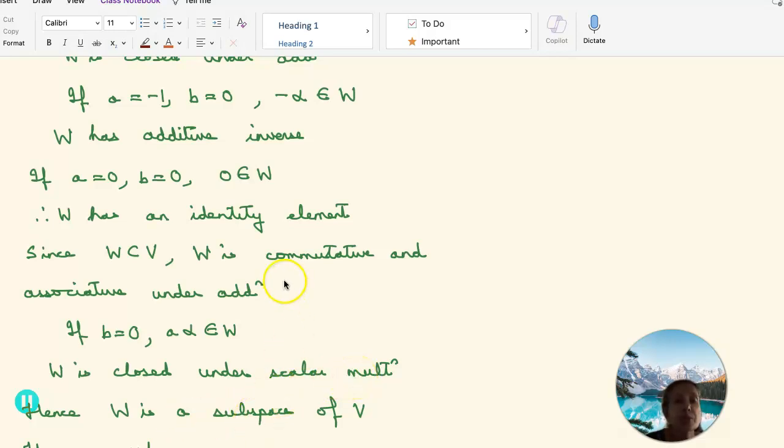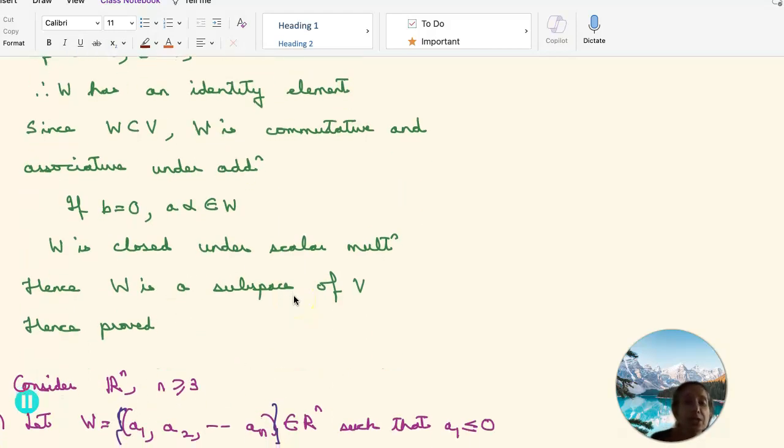So W is a subspace of V because it has an additive inverse, it has an identity element, it is commutative and it is closed under scalar multiplication. So we have proved that if a alpha plus b beta belongs to W, then W is a subspace of V.